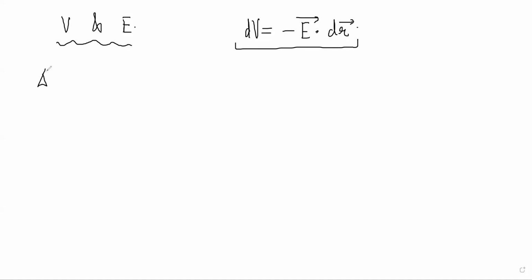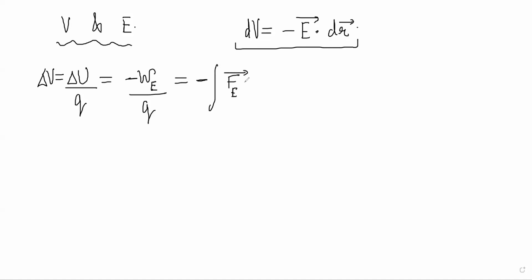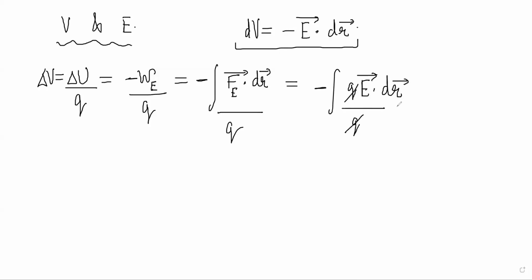Because delta V was defined as delta U by Q. Delta U is the negative of the work done by the electric force, divided by Q. That is the negative of force electric dot dr, divided by the charge q. Force electric is qE dot dr, divided by charge q, so this goes away. So it is the negative of the integral of E dot dr.